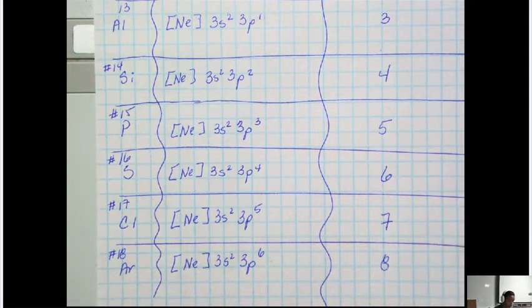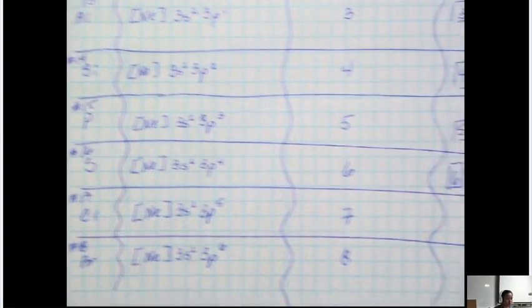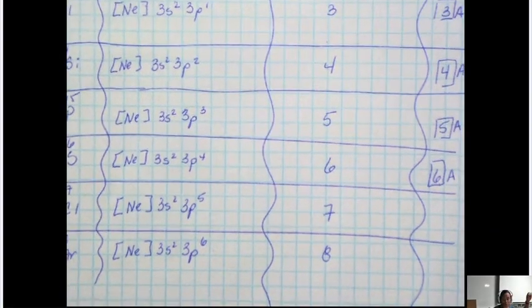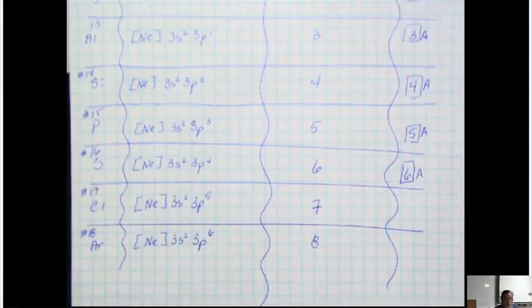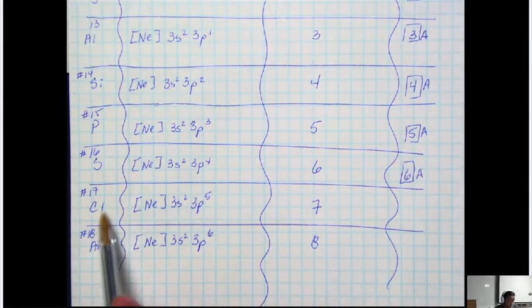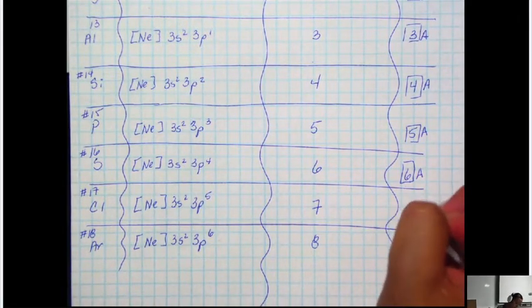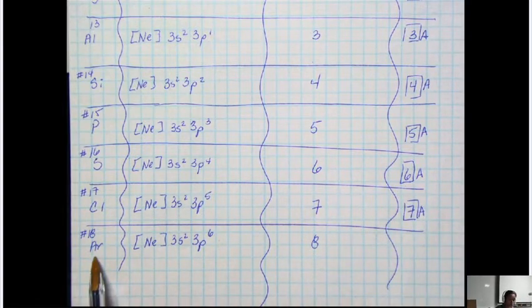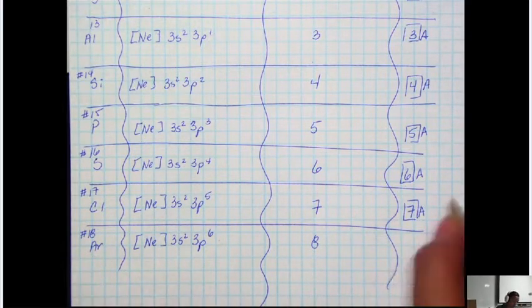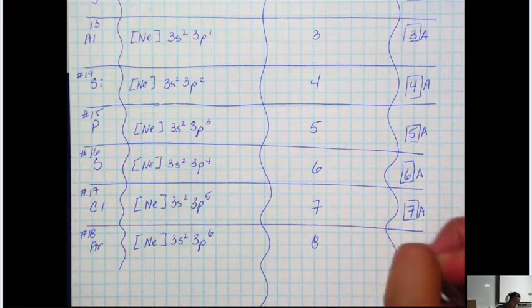All right, and then what is the group number for chlorine? For chlorine, what's the group number? 7A. And then what is the group number for argon? 8A, thank you. Good job, everyone.